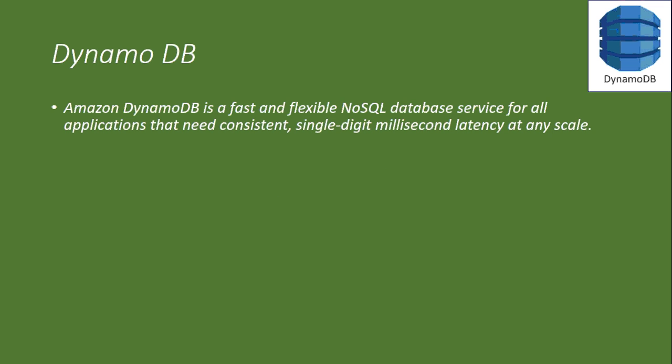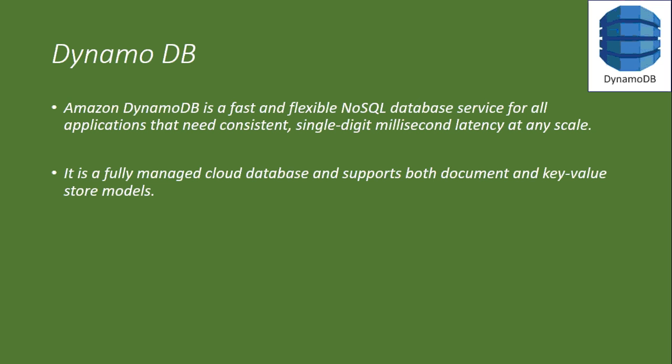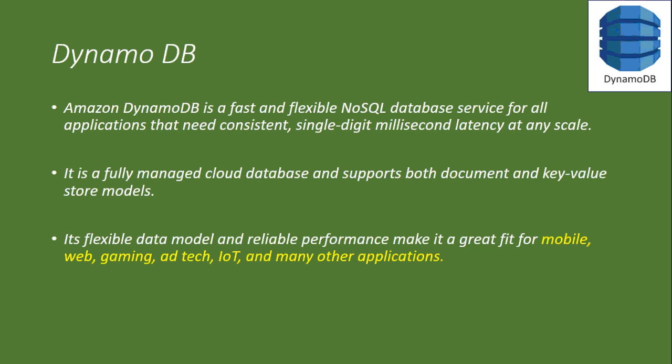Amazon DynamoDB is a very fast and flexible NoSQL database, which you can use for your applications if they need consistent, single digit millisecond latency at any scale. It is a fully managed database service and supports both document as well as key-value models.